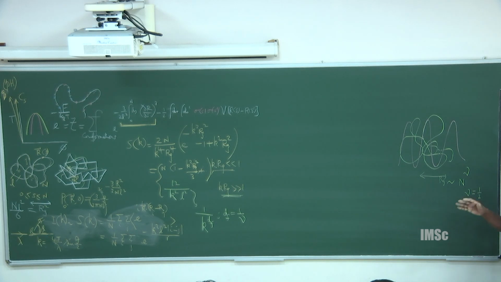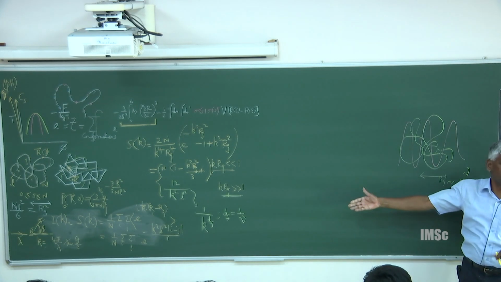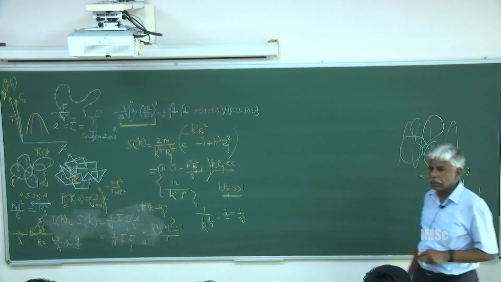This is a very general result. Instead of polymers, if you talk about the dynamics of a random walking particle, you have lots of trajectories in the simulations, and if you catalog them and look at the spectrum, it will behave like 1 over k square. It is a theorem.